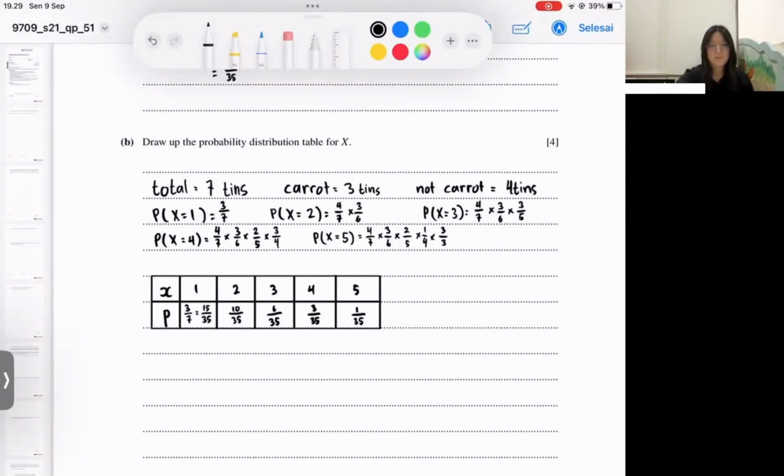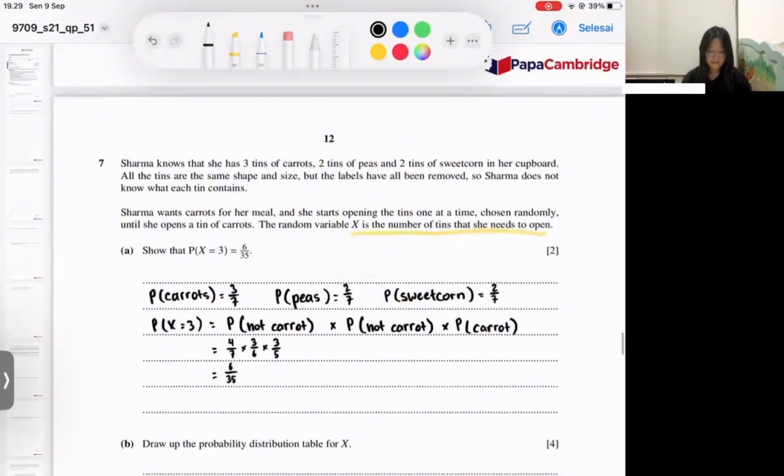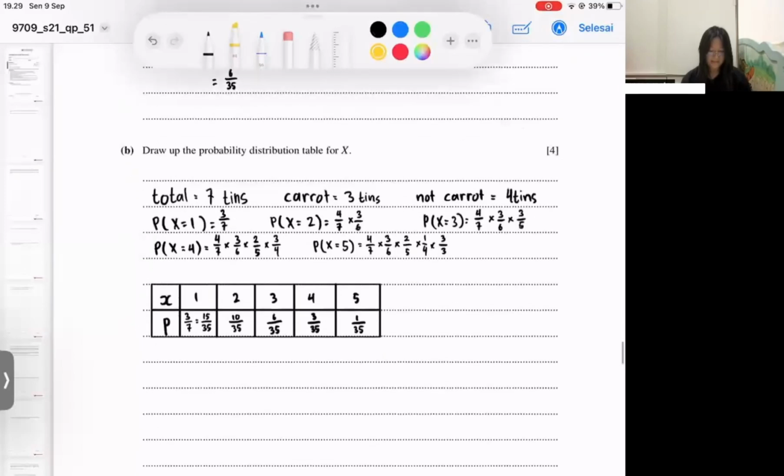Next, draw up the probability distribution table for x. As we know, it is stated that the random variable x is the number of tins that she needs to open. And in this case, there are 5 values of x: x equals 1, 2, 3, 4, and 5. First of all, you have to calculate the probability of x being each of them.